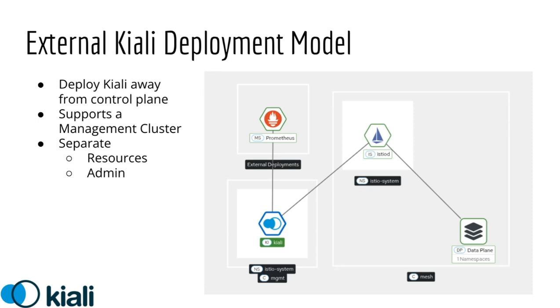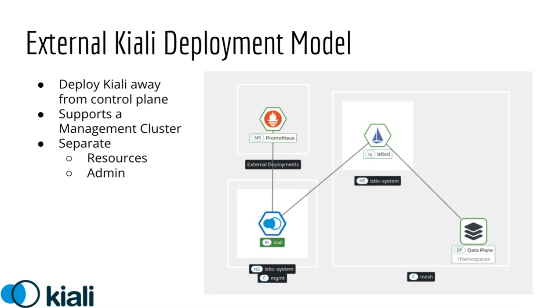It's to be able to take, in this case, Kiali, but potentially all of your management components and have what you might want to establish like a management cluster. So to take the resources needed for your observability and move it over, so you can have the management done over there, you can do the admin on another cluster, and the resources that you use to run observability are not going to affect the resources that you use for your mesh itself.